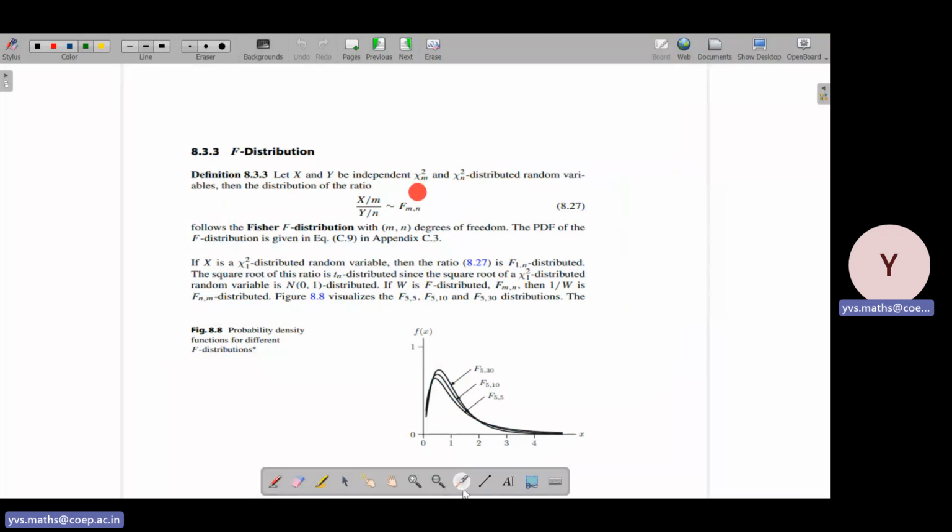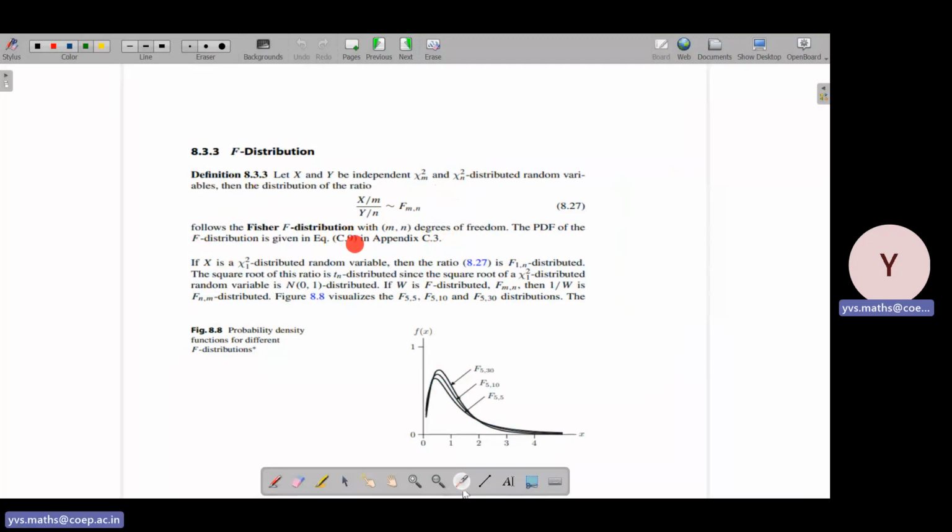So chi-square m is the chi-square statistic with m degrees of freedom, and chi-square n is another chi-square random variable with n degrees of freedom. Then the ratio of these two random variables, x by m upon y by n, follows the F statistic with 2 degrees of freedom m comma n. So this statistic follows Fisher F distribution with m and n degrees of freedom.